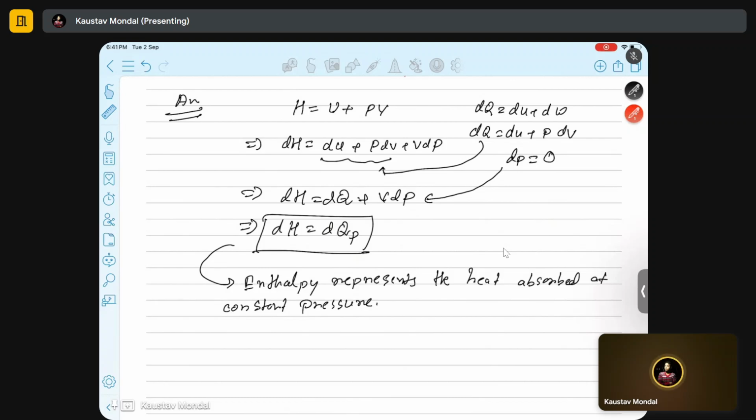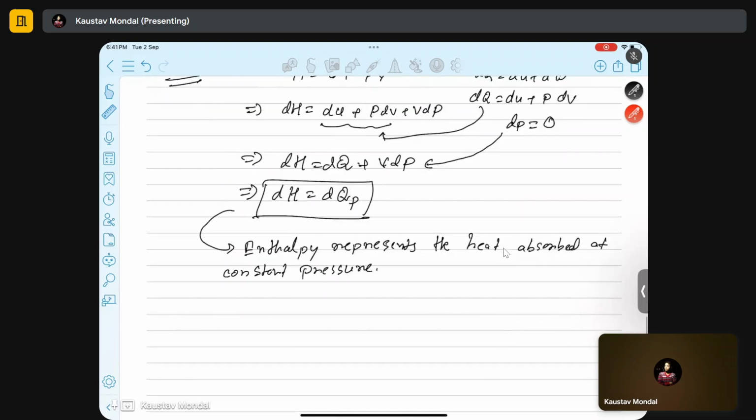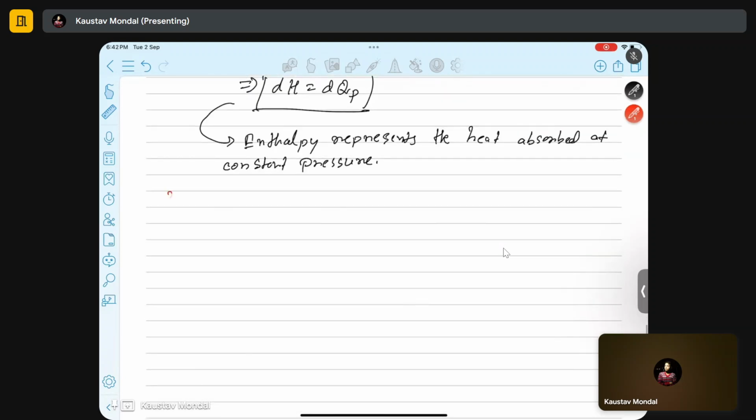Now comes problem number 2. Problem number 2 states that enthalpy of ideal gas.